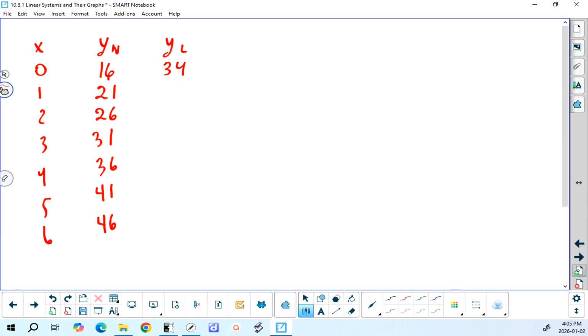And now I'm only stopping at 46 because that's where my table went to. If I decided to go to 7, this would be 51. I'm adding 2 to the 34. Every day I'm adding 2 to Lucia's, so that becomes 38, 40, 42, 44, 46, jackpot.